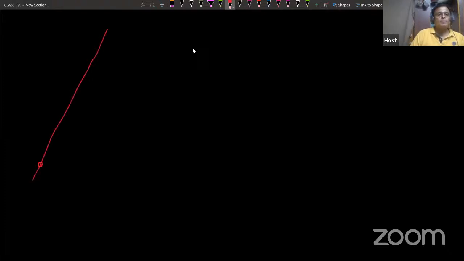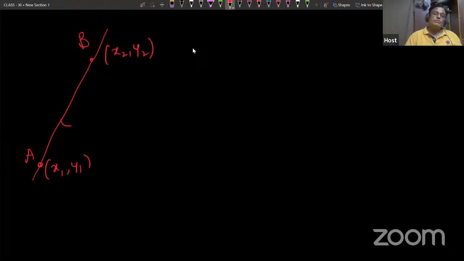When the line is passing through two given points (x1, y1) and (x2, y2), we know how to find the slope: the difference of y coordinates upon the difference of x coordinates. Correct? This is the formula to find the slope.